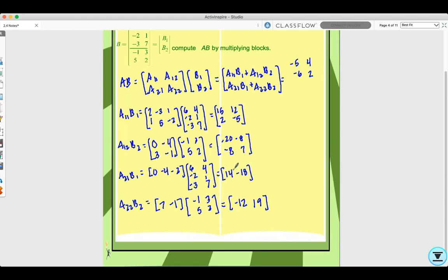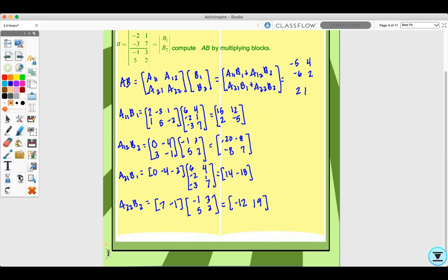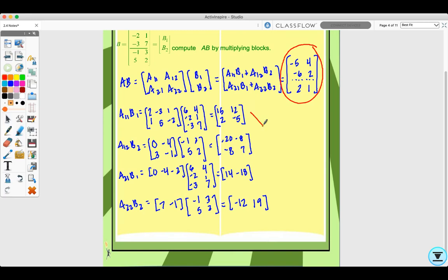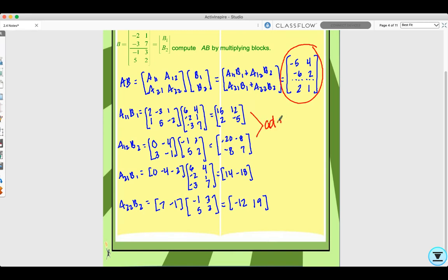Then I add these together, and I get 2, 1. And that would go right here. And these would be your 2 blocks. So your final answer would be this. By taking this work together, we added these two together, and we added these two together.